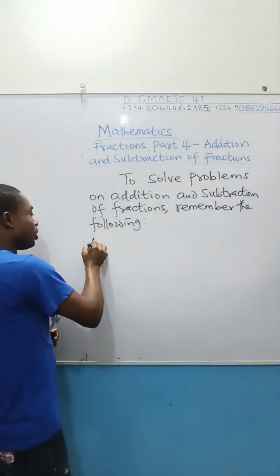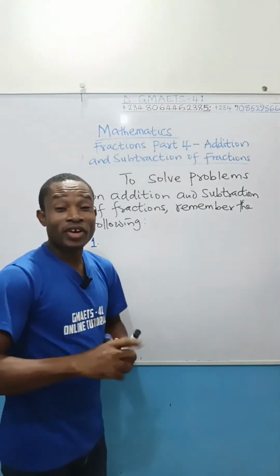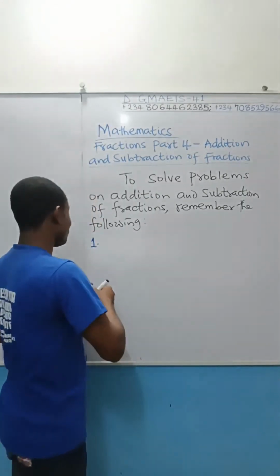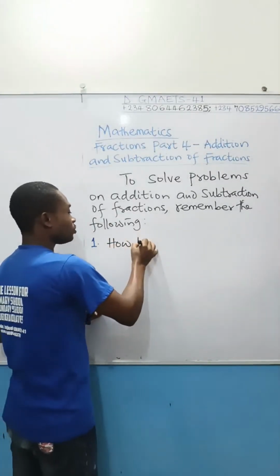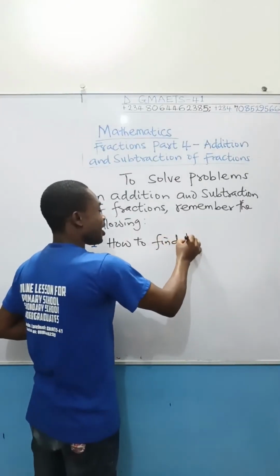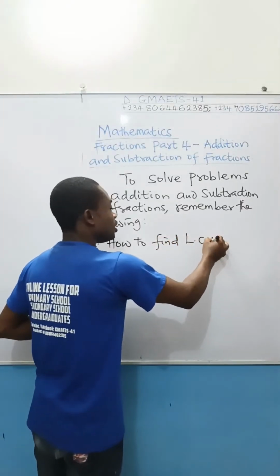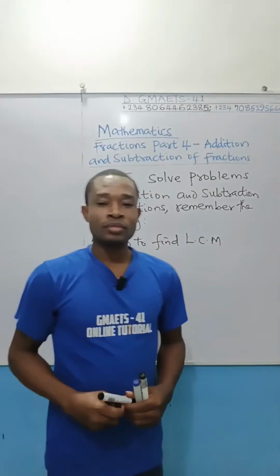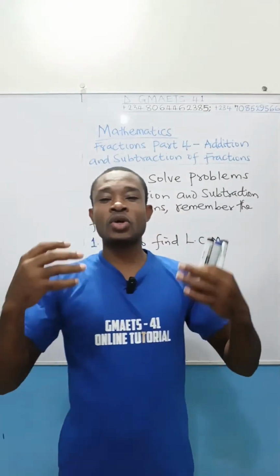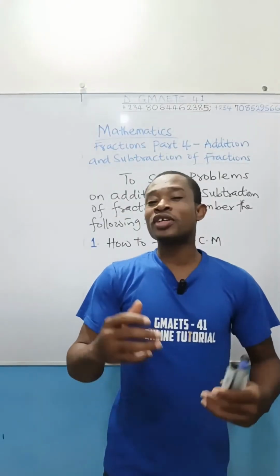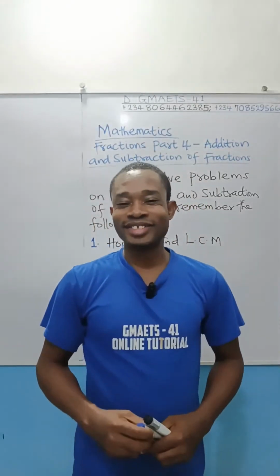You want to remember, first of all, your L.C.M. Remember, number 1, how to find L.C.M. This is secret number 1. Which means for a pupil or a student, your friends in basic level of learning.